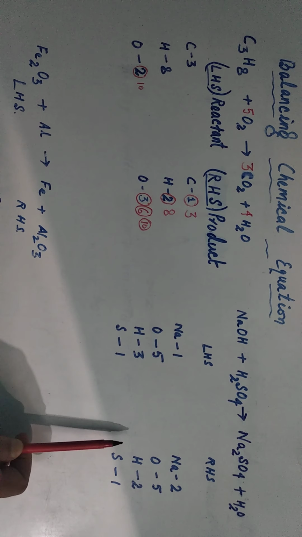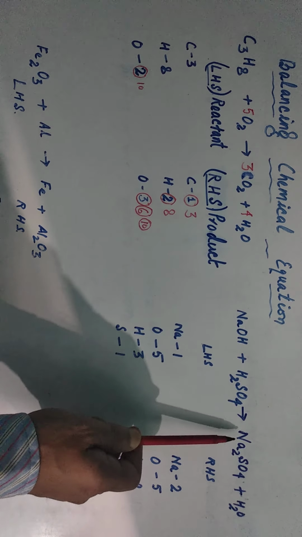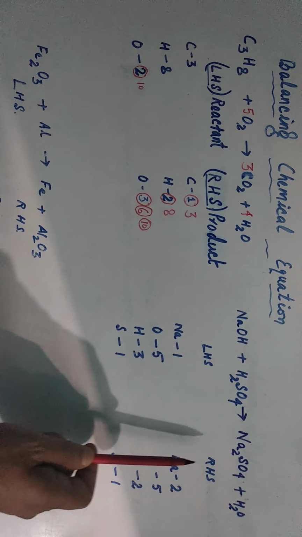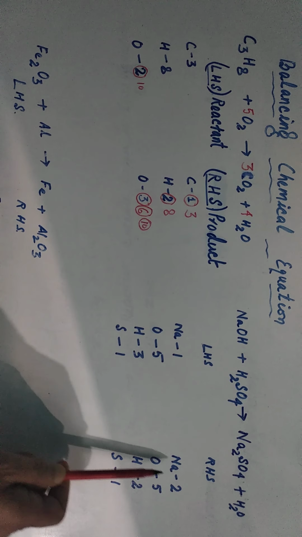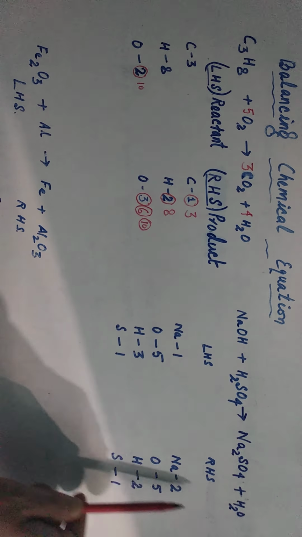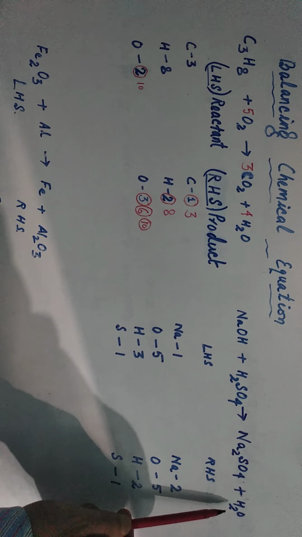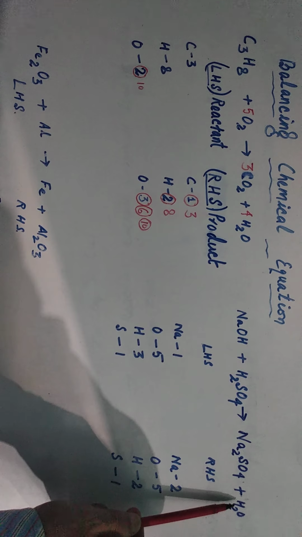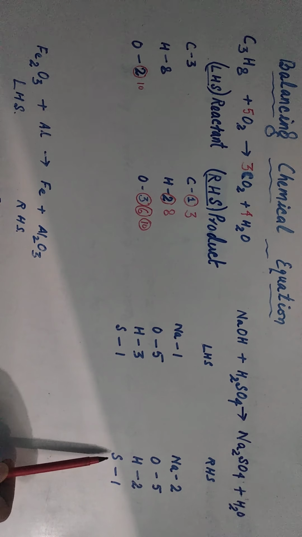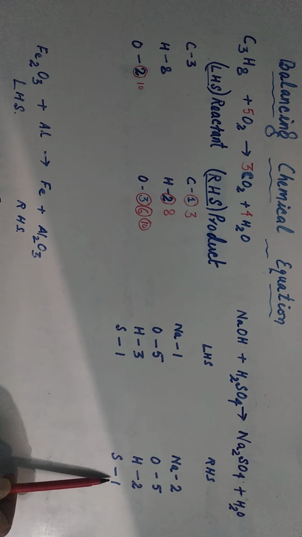Similarly on the right hand side I have 2 atoms of sodium, 4 plus 1, 5 atoms of oxygen and 2 atoms of hydrogen and finally 1 atom of sulfur.